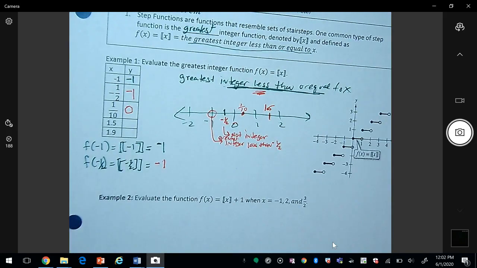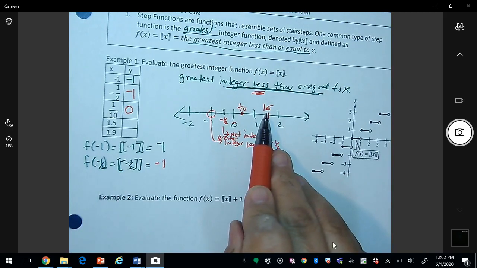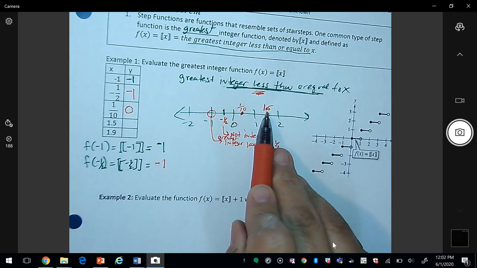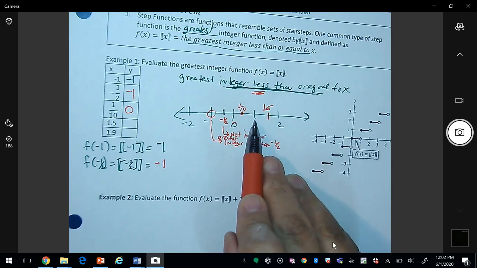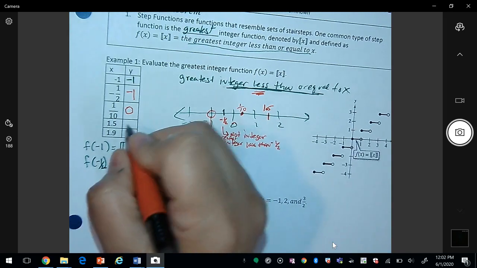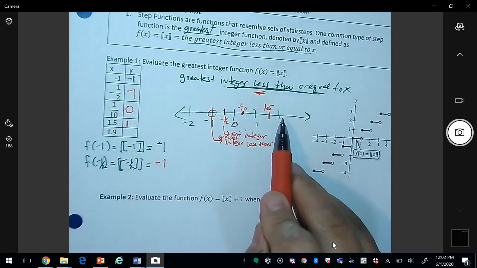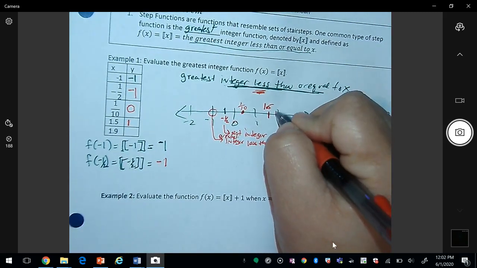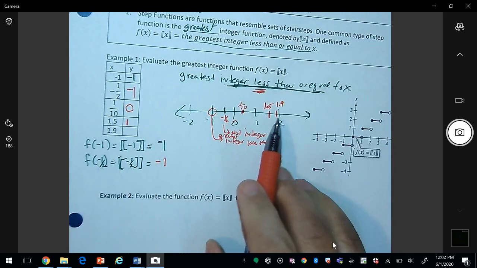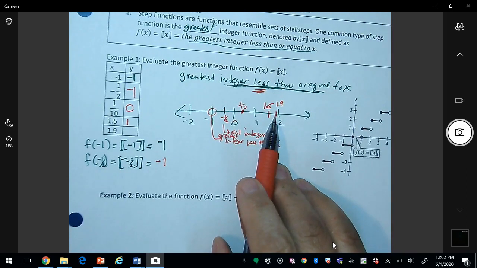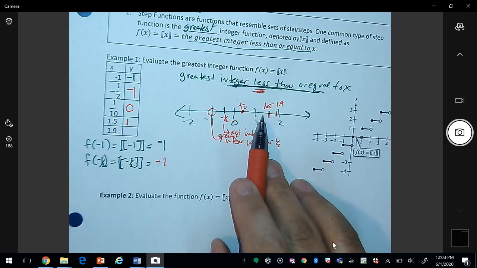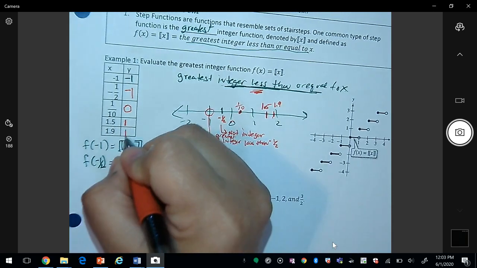Since 1.5 is a decimal, that means that that's not an integer. And so the greatest integer less than 1.5 would be the first one we see to the left, which is 1. And then 1.9 is right here. And again, 1.9 is not an integer since it's a decimal. So 1.9, the greatest integer less than that is to the left, which again would be 1.